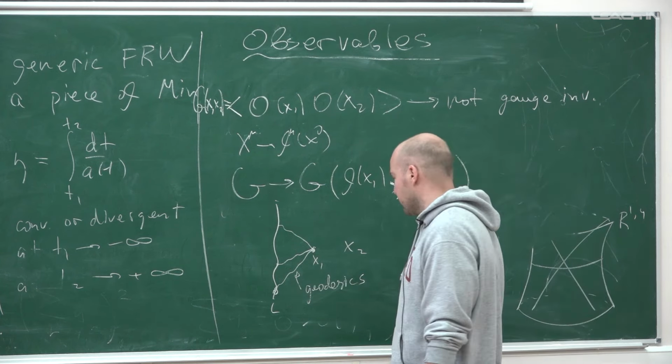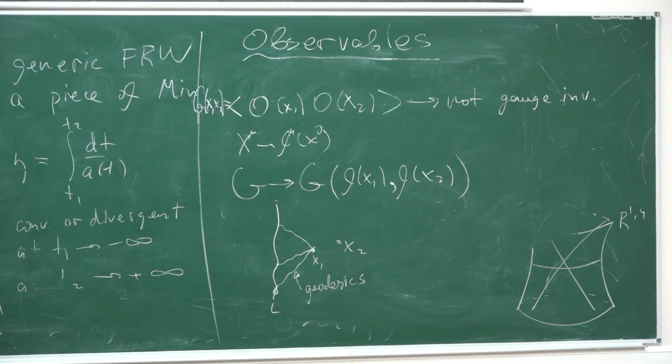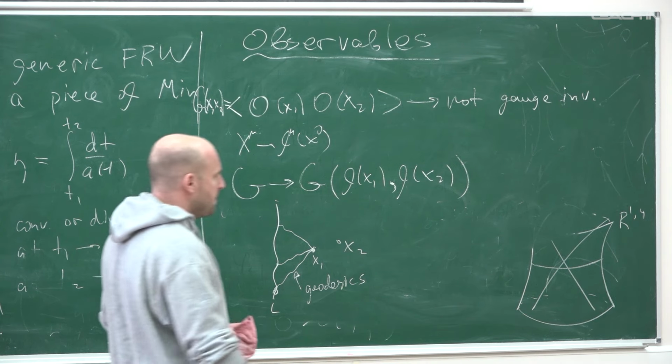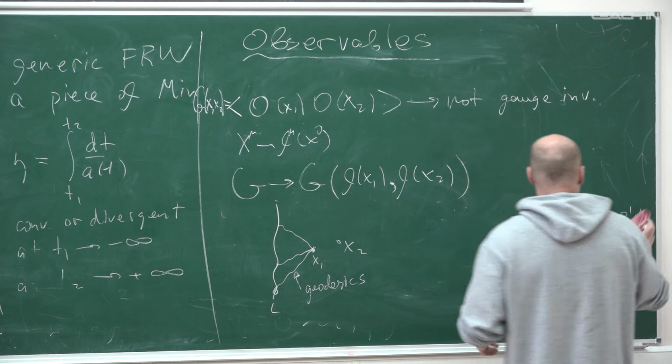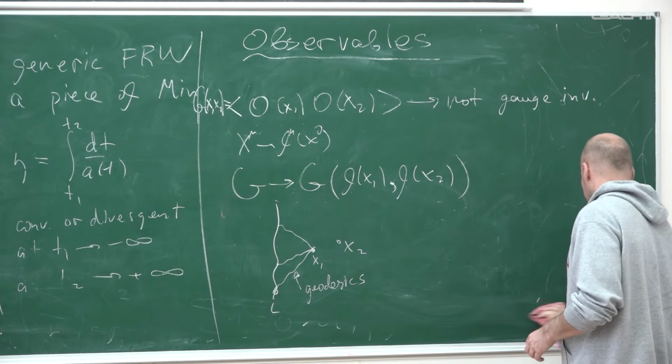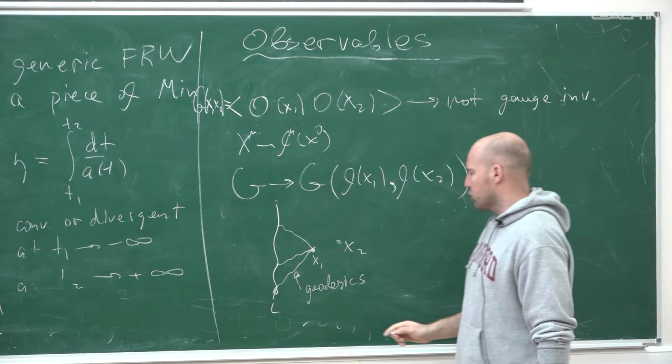Now we have a function of a bunch of geodesic lengths. Good. Now, why does that become complicated? So that's what you could do in general. Now, what we can do instead in flat space, so this is a generic procedure.